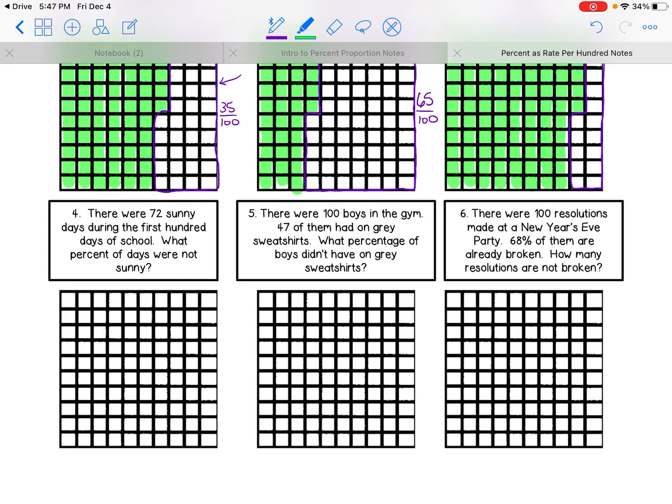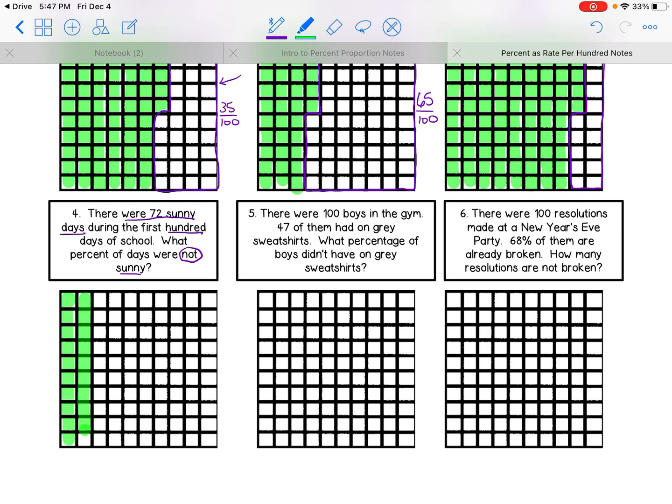It says there were 72 sunny days during the first 100 days of school. What percent of days were not sunny? Okay, so there were 72 sunny days out of 100. So we know that we can use this 100 grid. But it says what percent of days were not sunny. So let's figure out on the grid.